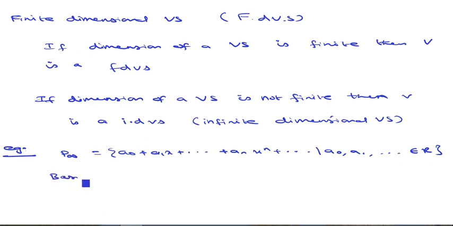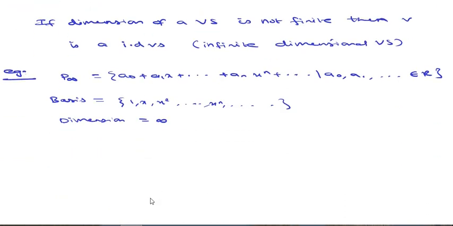So here the basis is not a finite set. The basis consists of 1, x, x square, x power n, and so on. So it is an infinite set. So therefore the dimension is equal to infinity. Therefore this is an infinite dimensional vector space. So P infinity is an infinite dimensional vector space. So this is one example.